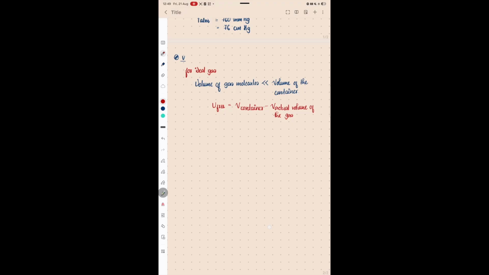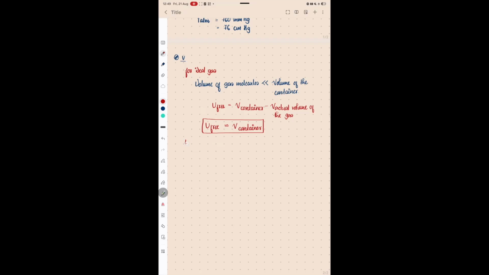So for an ideal gas, V free is almost equal to V container, because for an ideal gas the rule is that the actual gas volume must be very low compared to the container volume where it is kept.